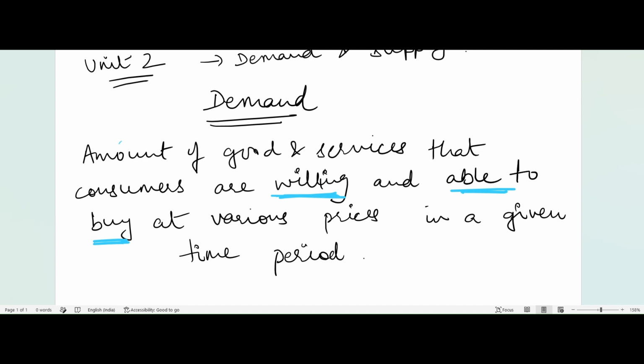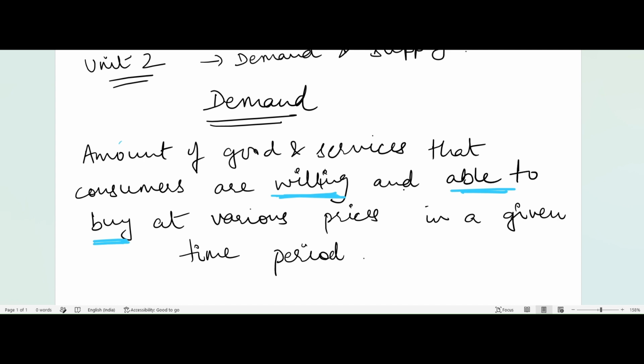I am willing to buy a Corvette, but I don't have the money to buy it. So I'm not able to buy a Corvette. There is willingness, but I'm not able to buy, so it won't be counted as demand from a market perspective.